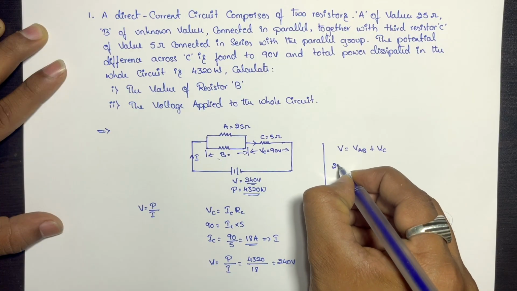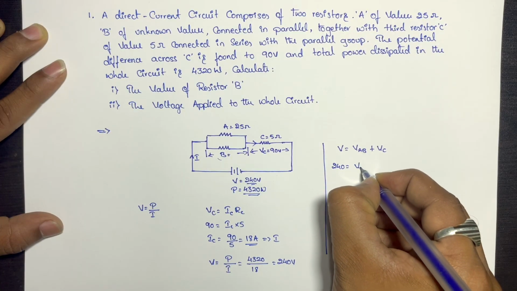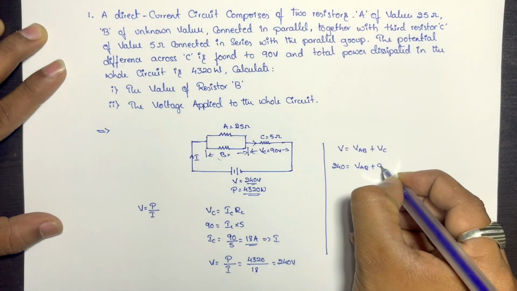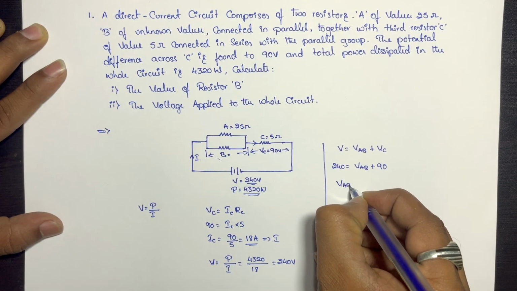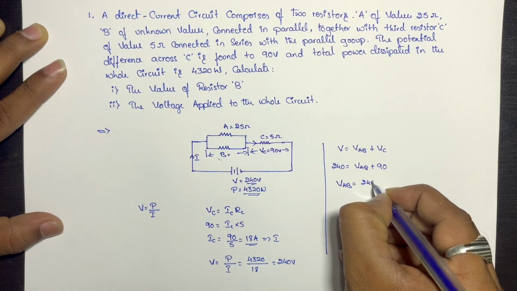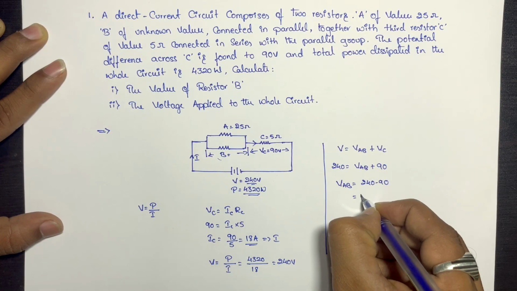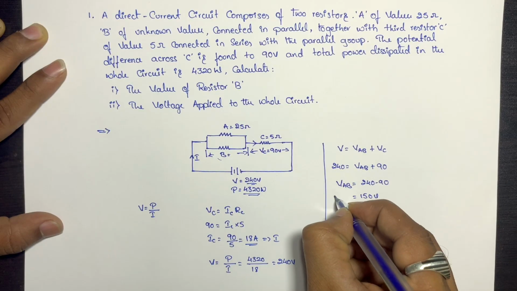Now the total voltage applied is 240, which is equal to VAB plus 90. From this we get VAB is equal to 240 minus 90, that's 150 volt.